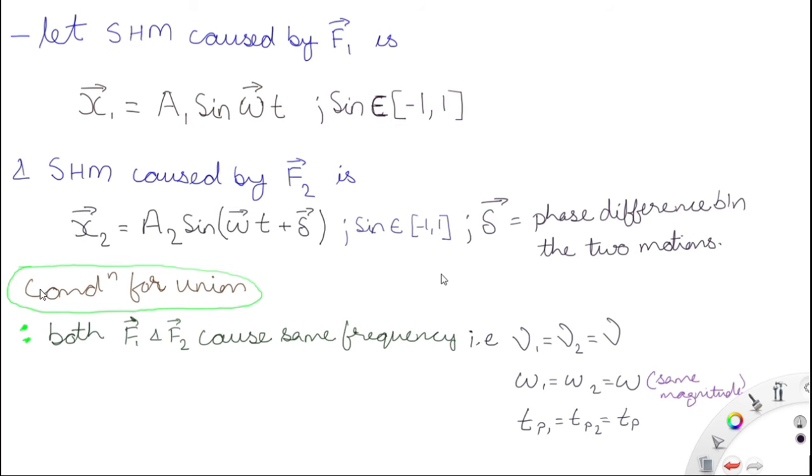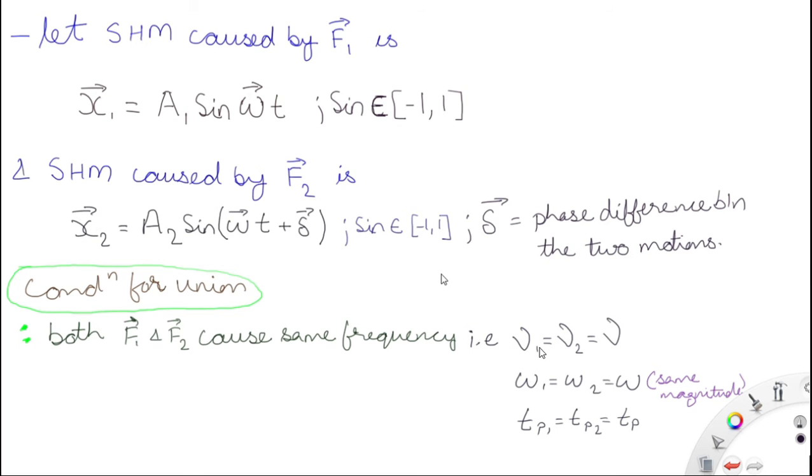Now, the condition for union, when the two forces can unite. Both should have the same frequency, nu.